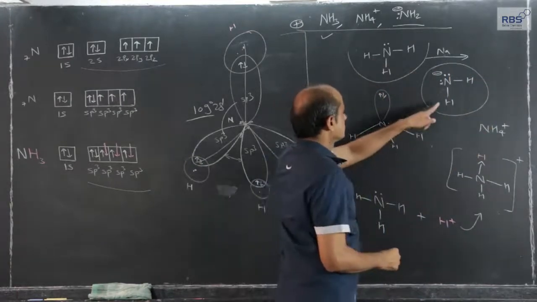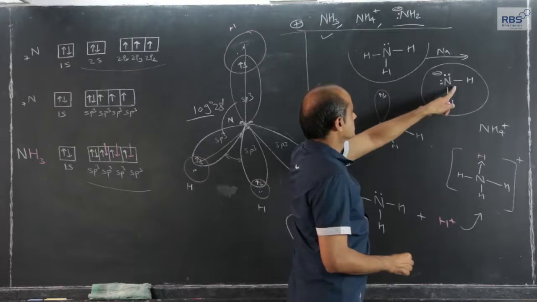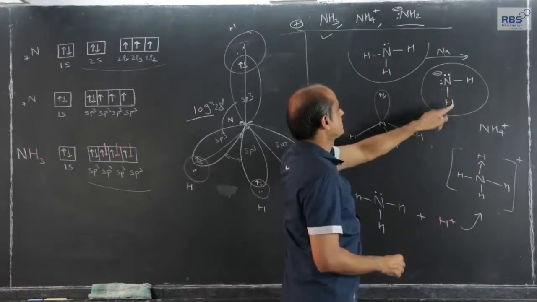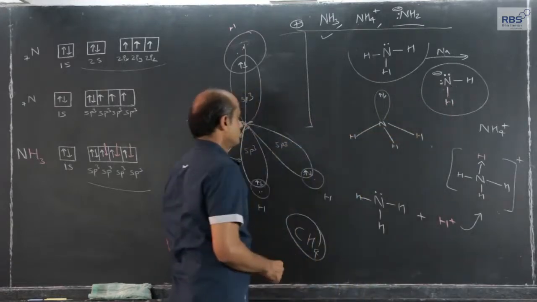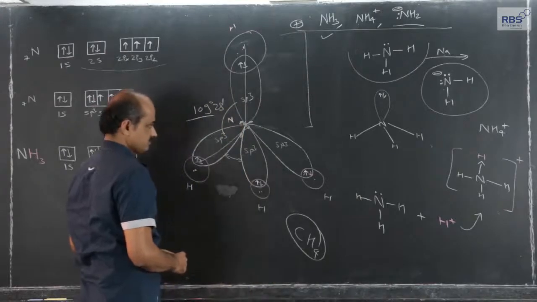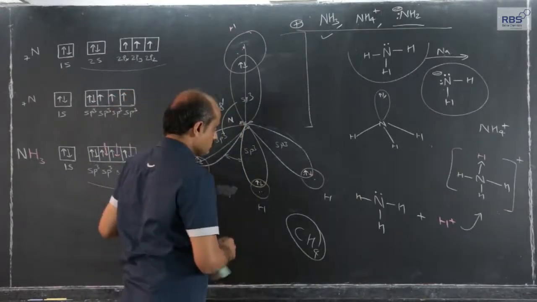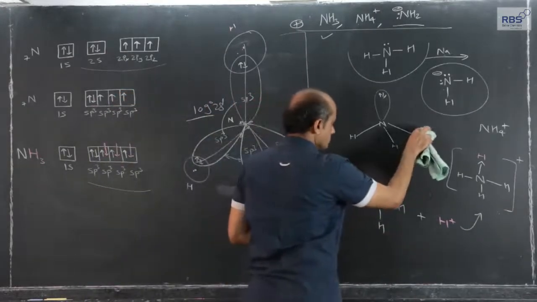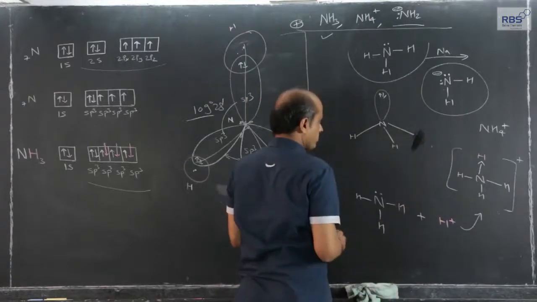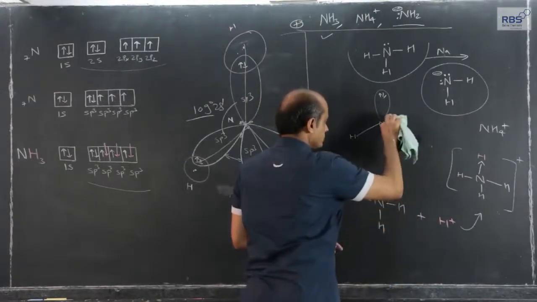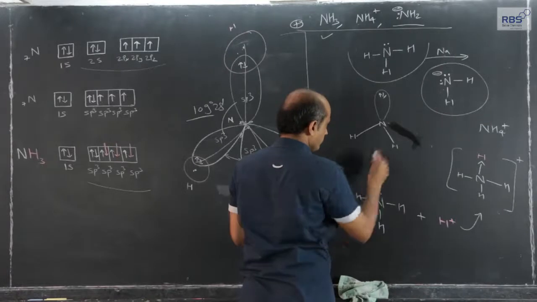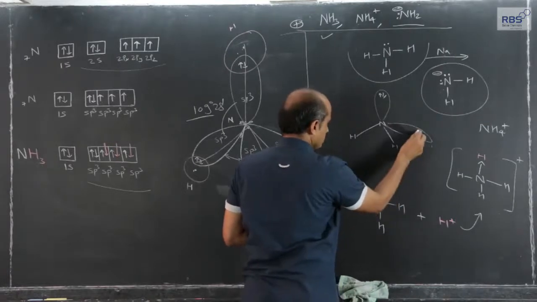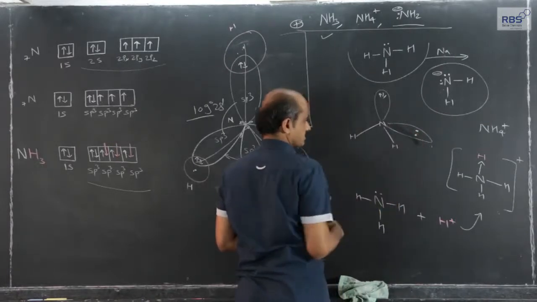minus ion is nothing but 2 bond pairs and 2 lone pairs, as if this hydrogen goes out in the form of H plus ion, and therefore this shared pair will become a lone pair.